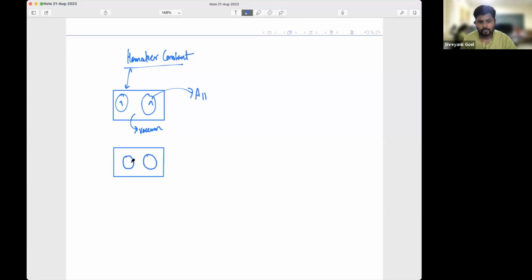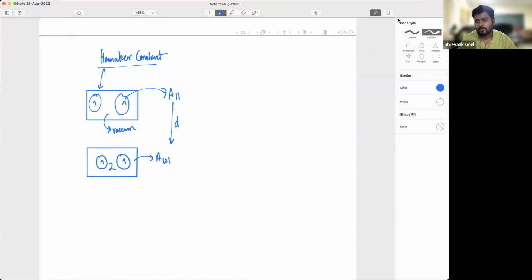The molecules are the same, but now there is some interaction due to this medium, which decreases the interaction.